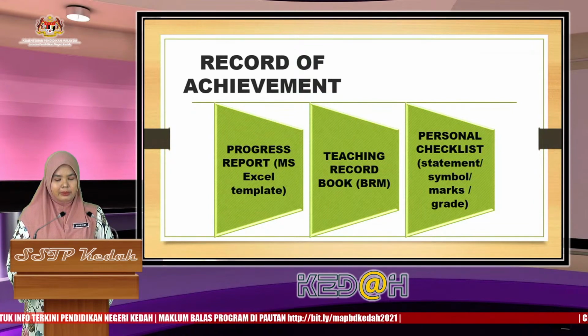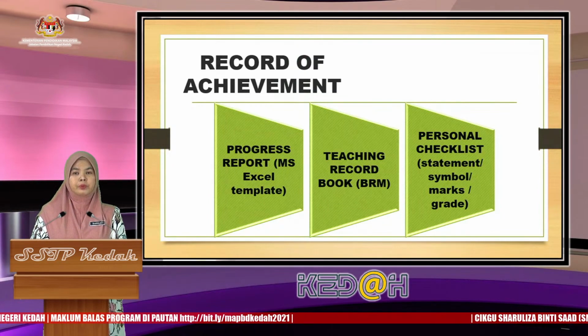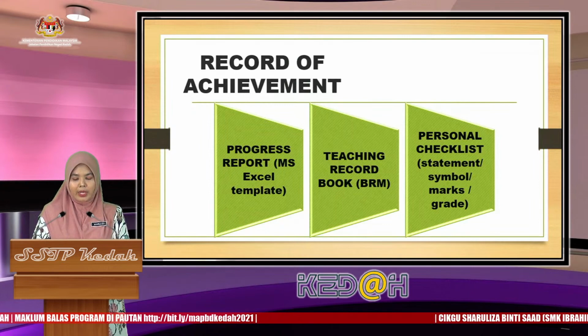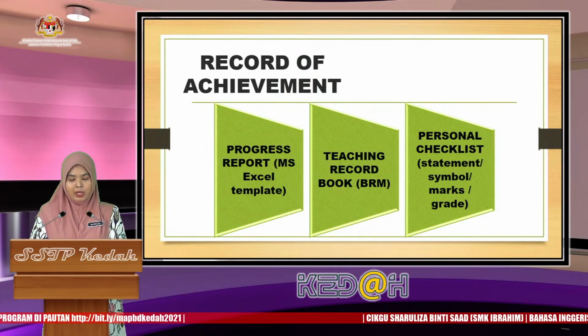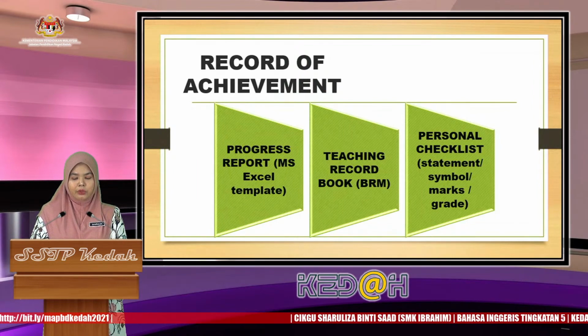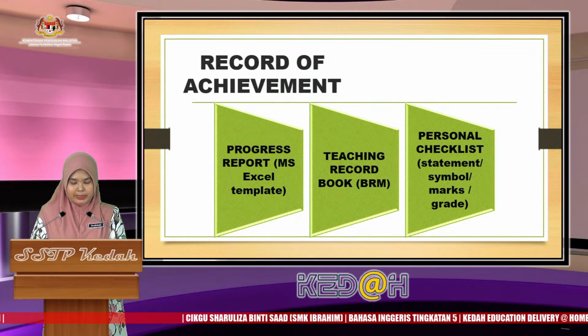Now, this is the most crucial and interesting part. How do you record the pupils' progress in learning? One of the way of doing this is through your preferred way of keeping the track record. You may use Microsoft Excel template to record your pupils' progress.